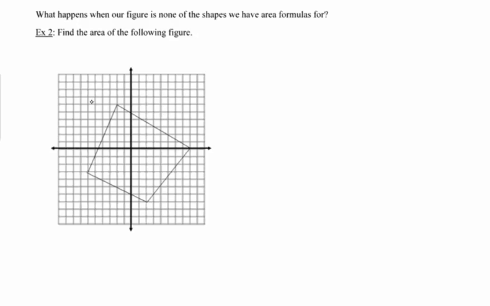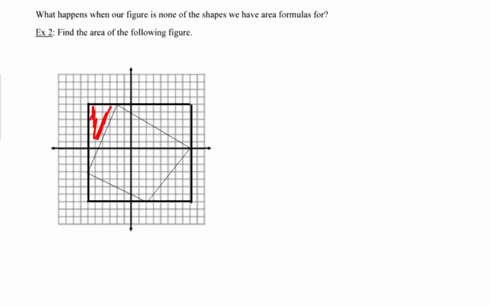Well, that's where we're going to be a little bit clever and a little bit sneaky about this. I'm going to go ahead and begin by drawing a rectangle that completely surrounds that figure for which we're trying to find an area. And I'm really going to begin by finding the area of the entire rectangle.